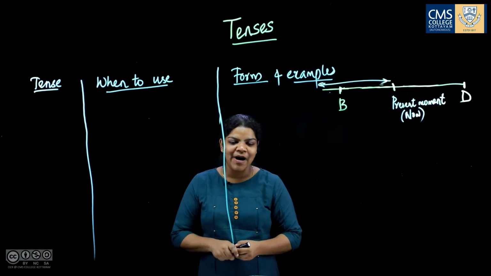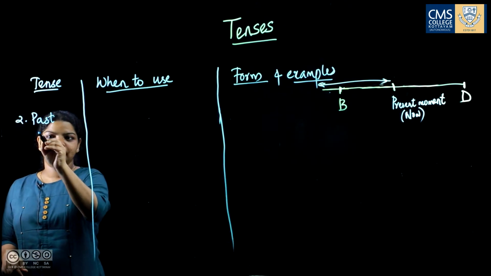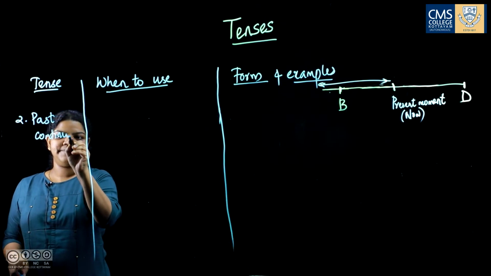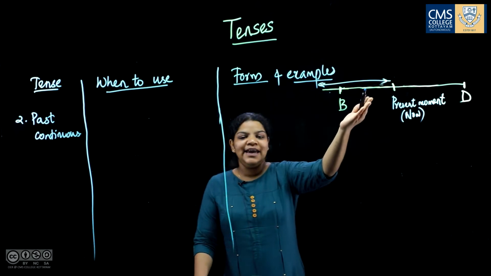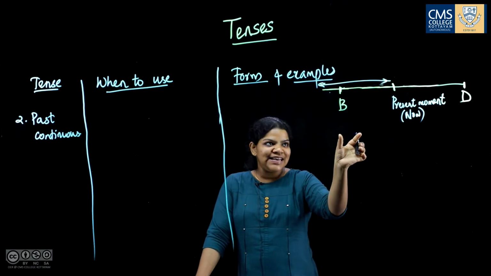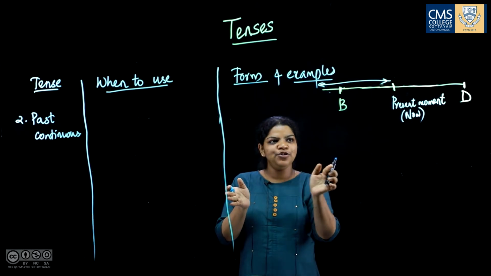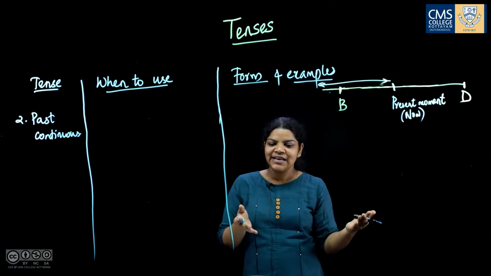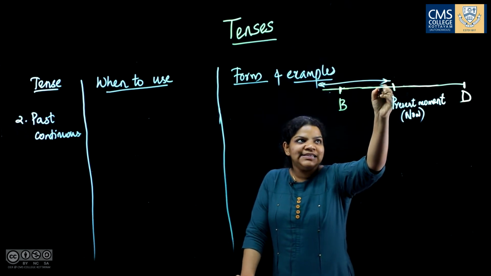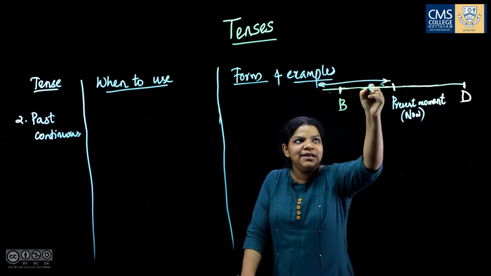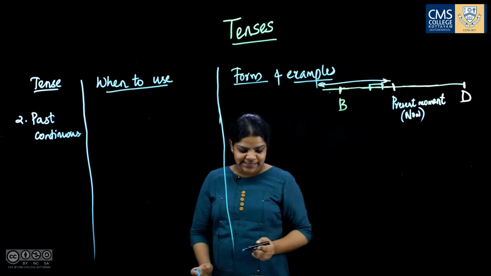The second type of past tense is what we call the past continuous tense. Past continuous tense is an action in the past. It was a continuous action. It started at a time in the past, continued for a shorter period of time, and then stopped. So a past continuous tense refers to an action which started in the past, continued for some time in the past, and then came to an end in the past itself.